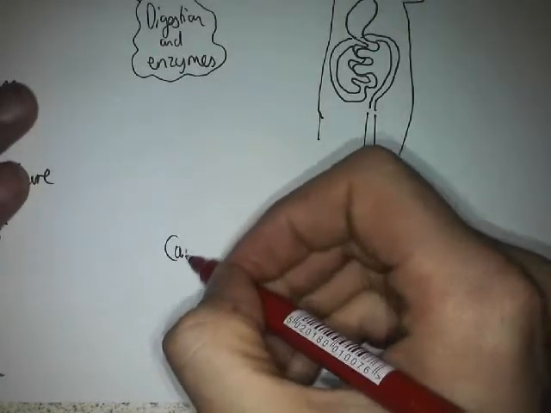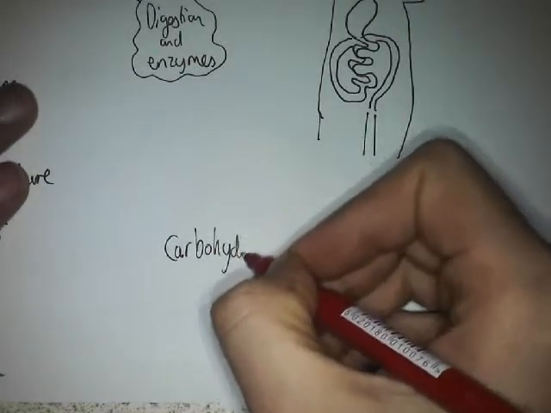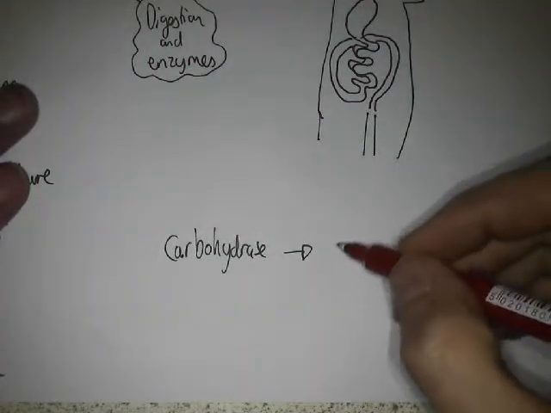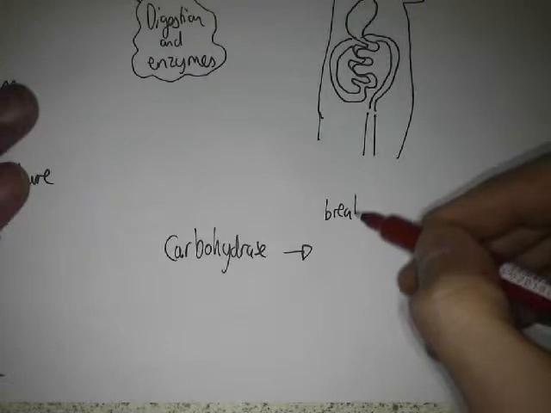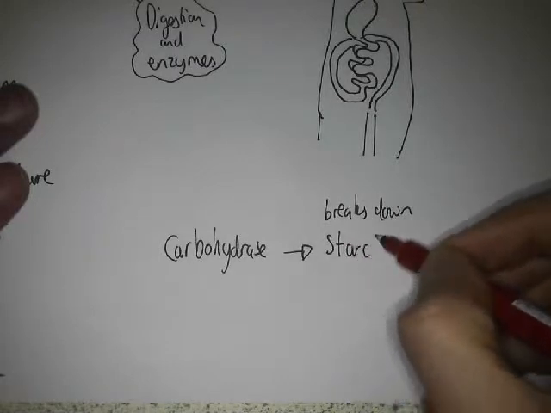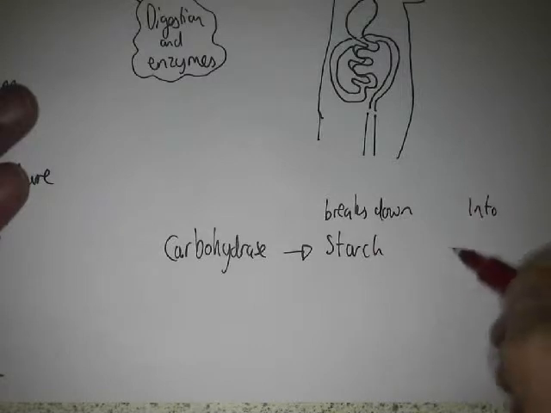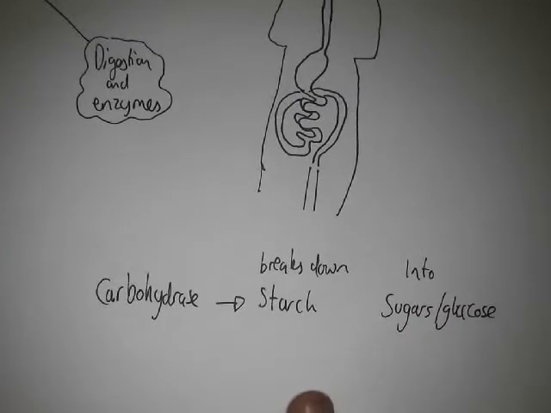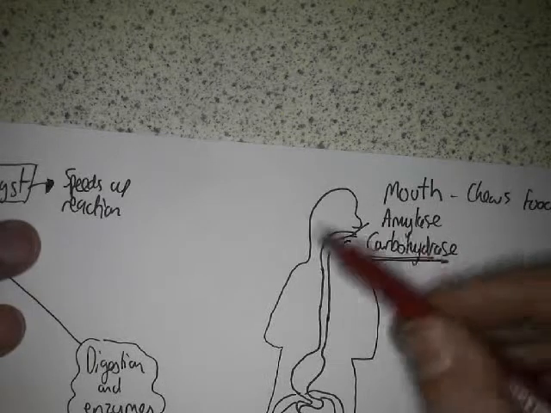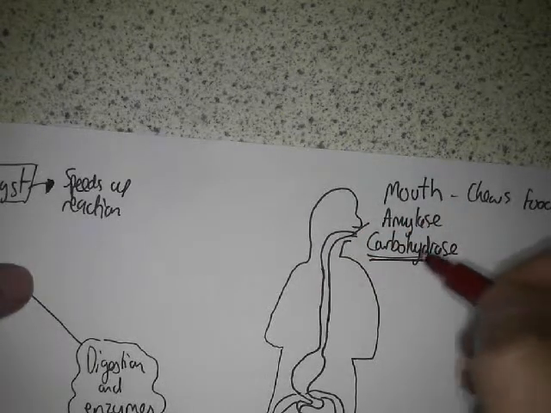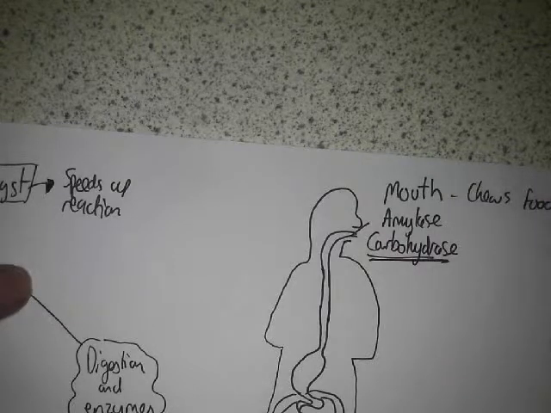So carbohydrase breaks down starch into sugars, glucose. So that starts as soon as you put some food in your mouth, let's say a ham sandwich, the bread in your ham sandwich will start reacting straight away. Carbohydrase is there, as well as being chewed up.